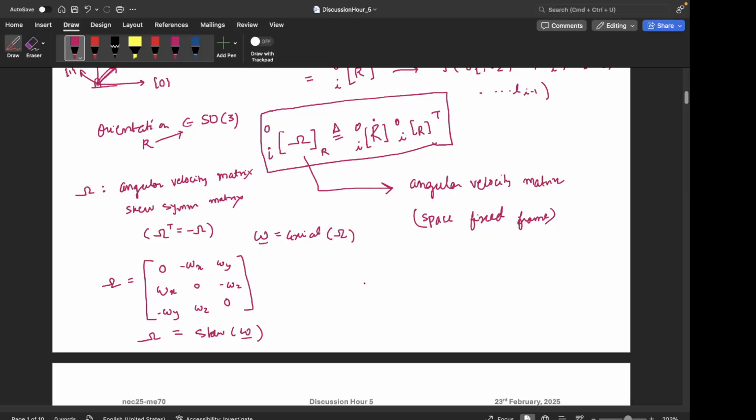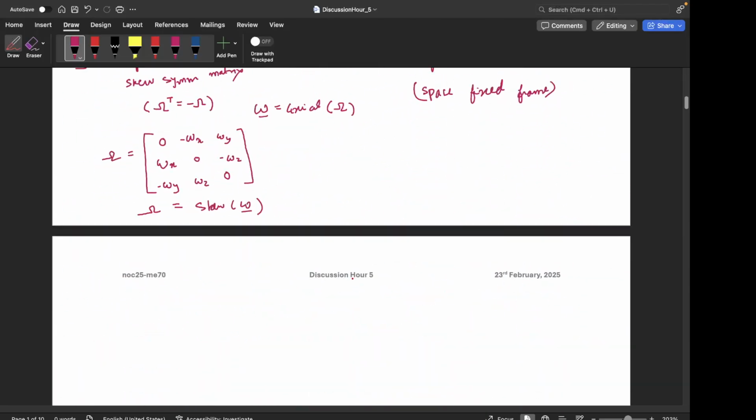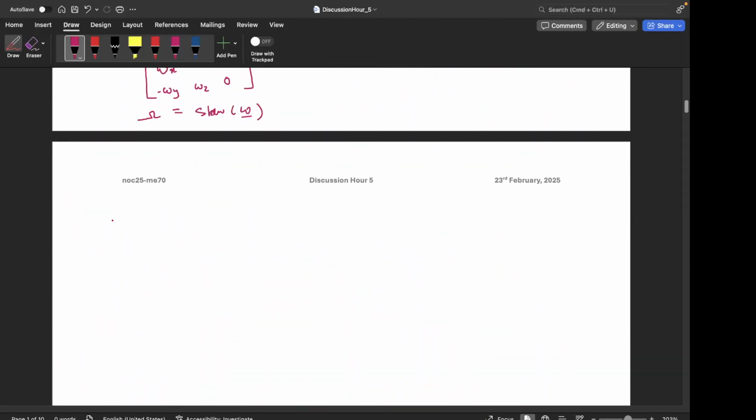Okay, so now let's recall our 2R manipulator. We will be going to our 2R manipulator many times in this discussion hour.